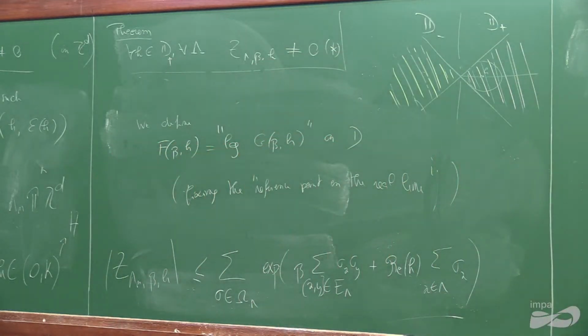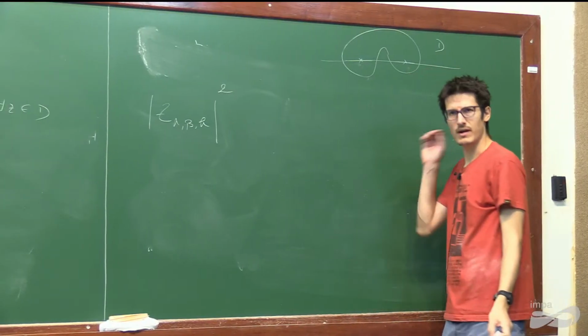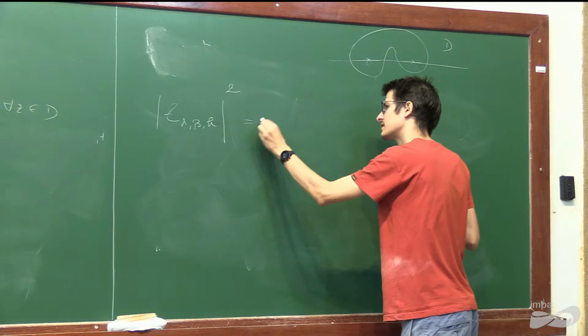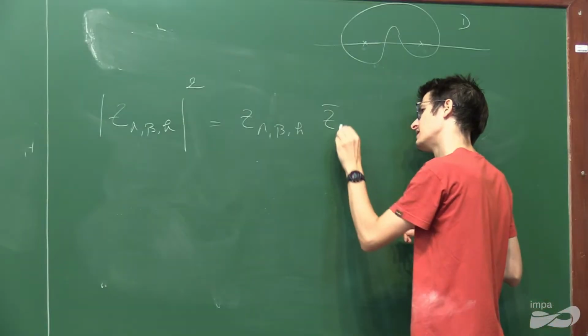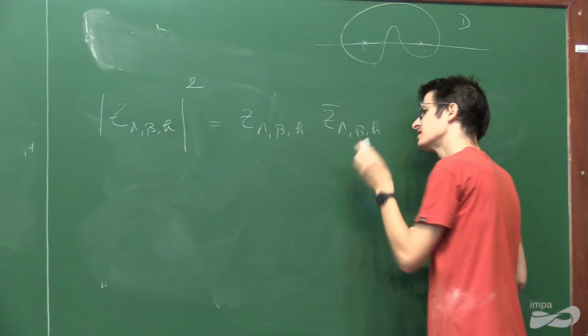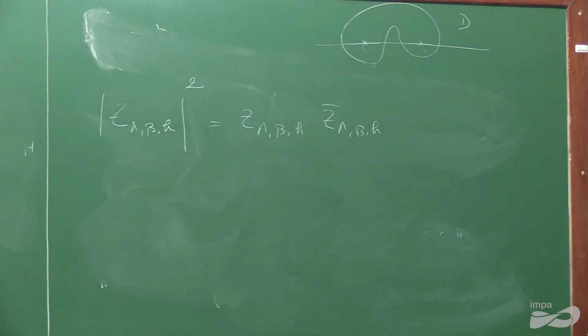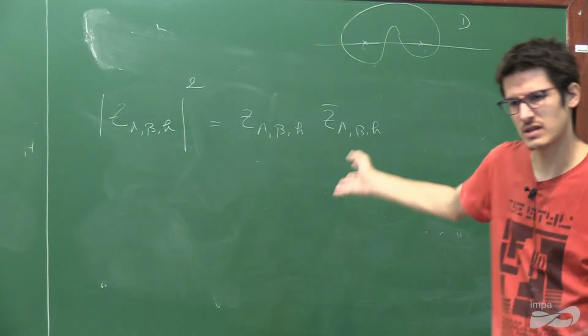And the modulus is not really a nice quantity, so we are going to be looking at the modulus square. Okay, so if you look at the modulus square, it is Z lambda beta H times Z bar lambda beta H. And this is something you can write as a double sum. Okay? And because this is real and non-negative, we are going to try to show that this thing is strictly positive.